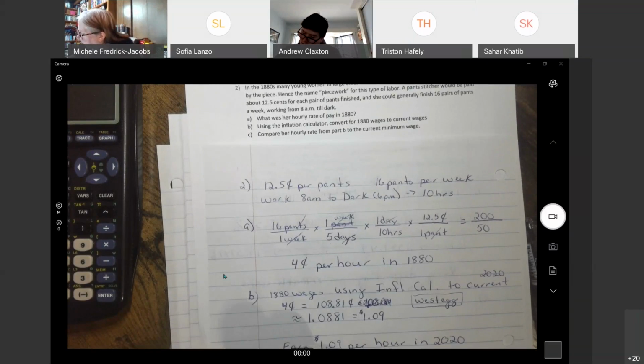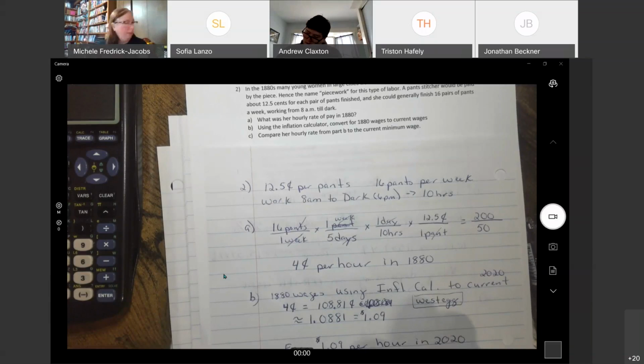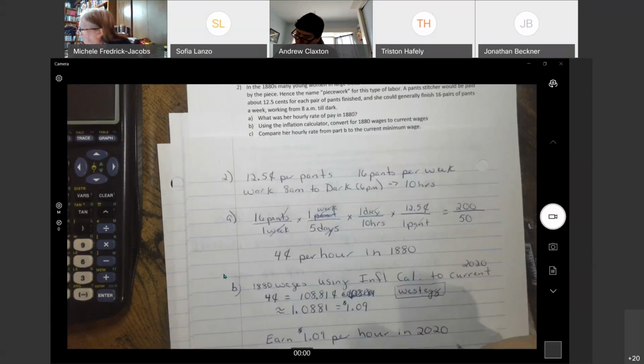Let's compare to the national wage. Okay. And what's the national wage? I think it's 7.25. 7.25, I do believe. Yep, 7.25.